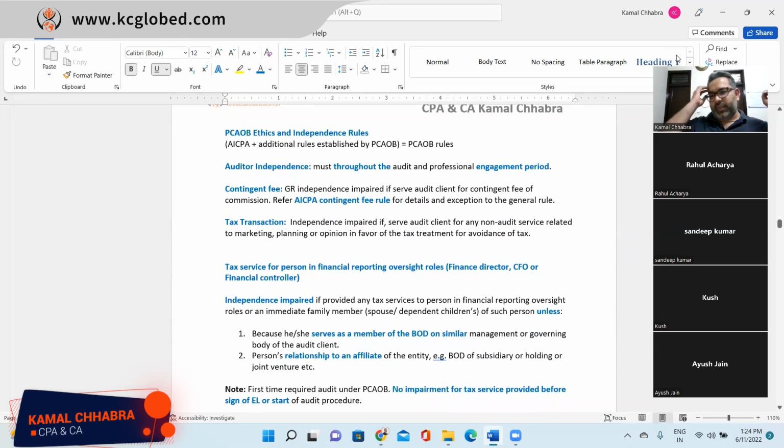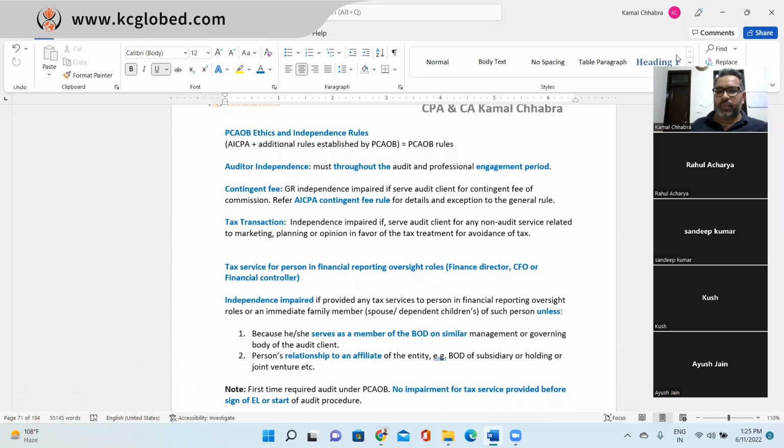PCAOB ethics and independence rules. Like we discussed earlier, the PCAOB has considered the AICPA independence and ethics rules and then added certain additional requirements, and the total put together is called the PCAOB ethics and independence rules. Auditor independence is a must throughout the audit and professional engagement period.